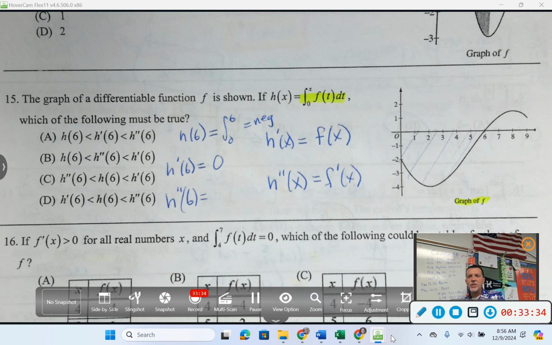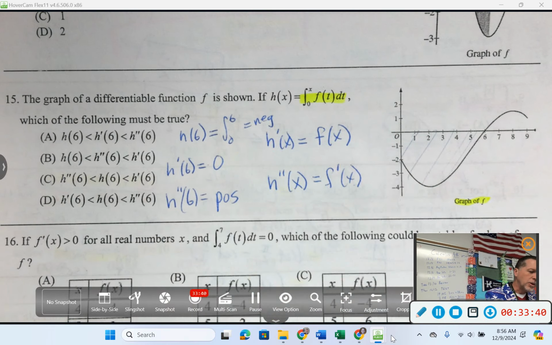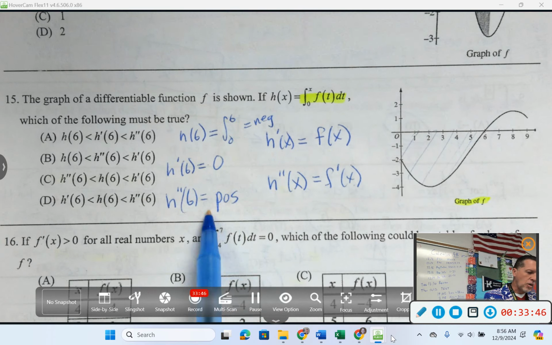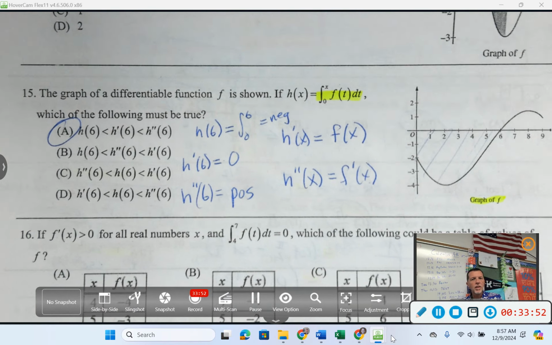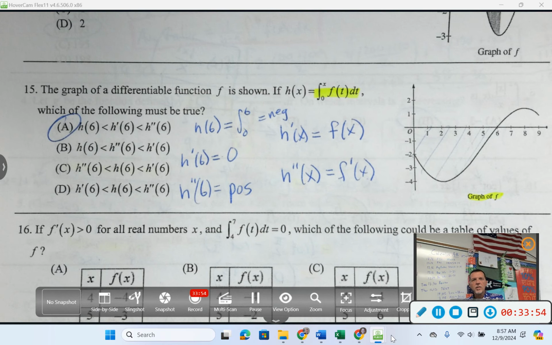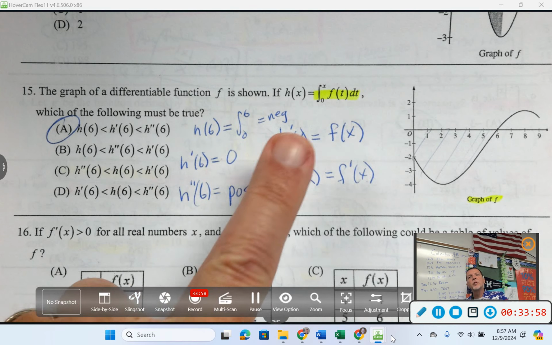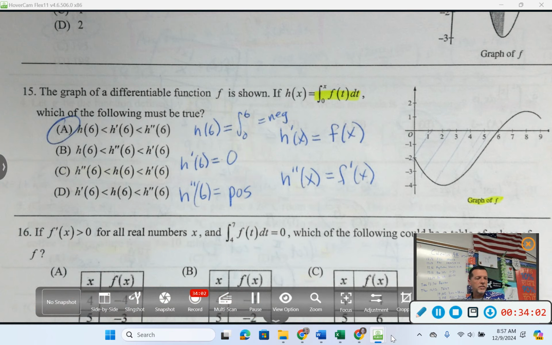What's that equal to? Positive. And that's all I need to know to put them in order. In fact, that one worked out pretty well, because negative, 0, positive, that is the right order. Answer choice A. We've seen that kind of question before where we had to use this derivative of antiderivative stuff.